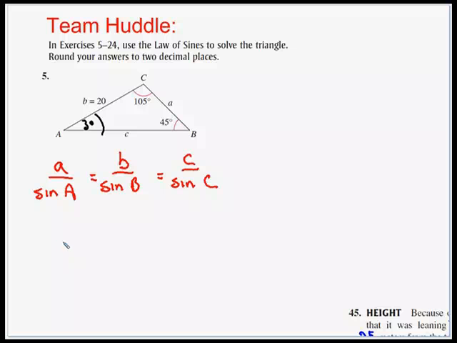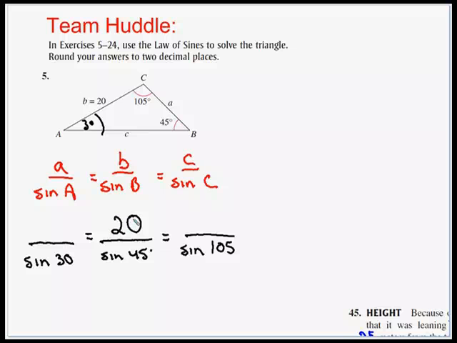So there are all of our denominators. A is 30, sine of 30. B is 45, sine of 45. And C is 105, sine of 105. Our numerators are the sides, and the only one we have is B, which is 20. So we're missing A, we're missing C, a lot like the example.